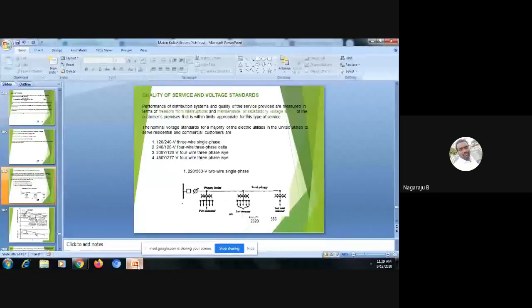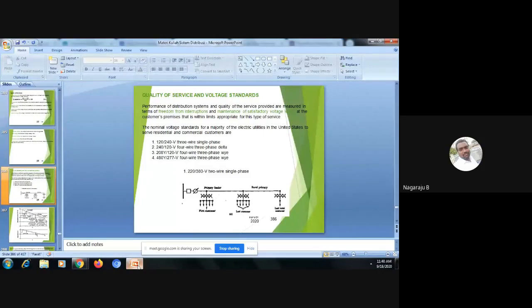The nominal voltage standards for a majority of the electric utilities in the United States serving residential and commercial customers are 120 by 240 volts, 3-wire single phase system; 240 by 120 volts, 4-wire 3 phase delta system; and 208Y/120 volts, 4-wire 3 phase Y system, star system.